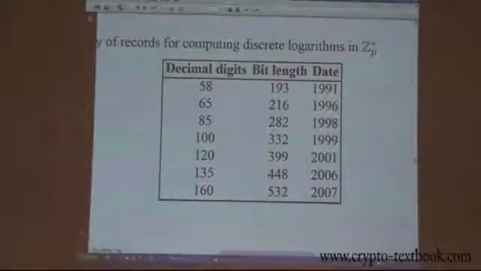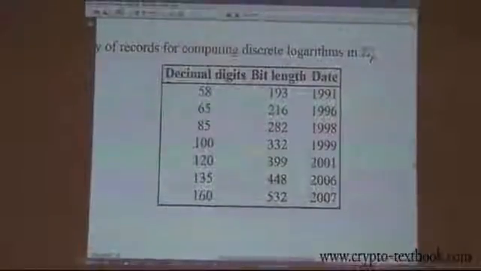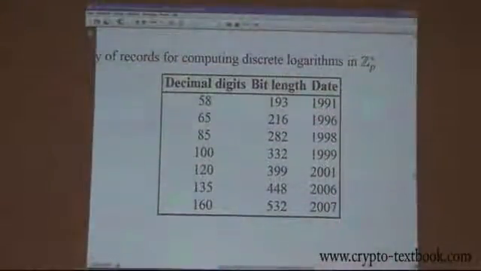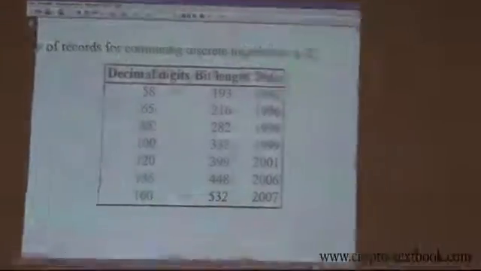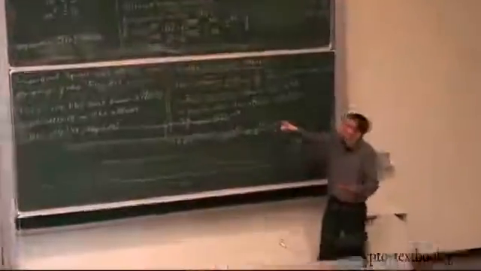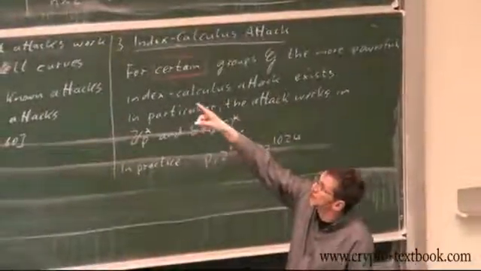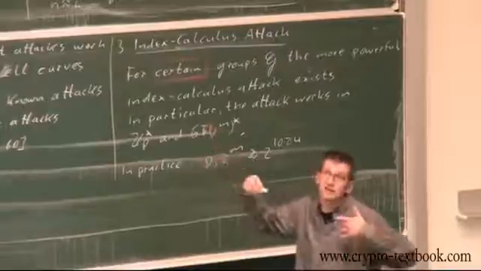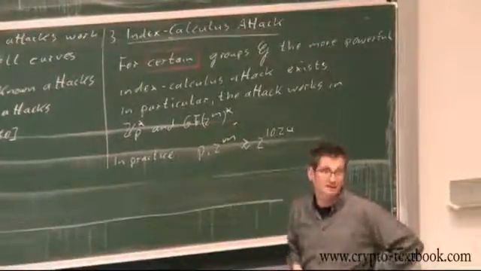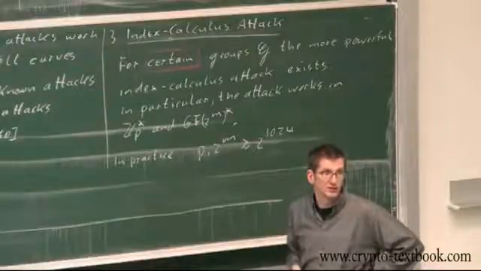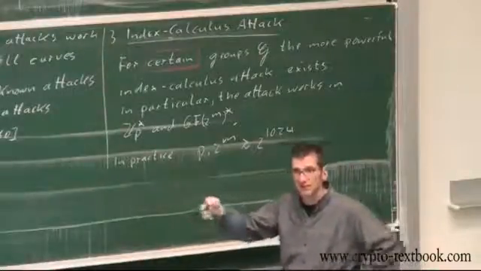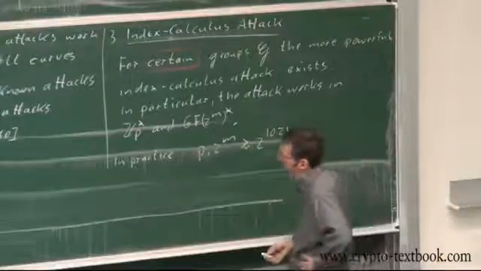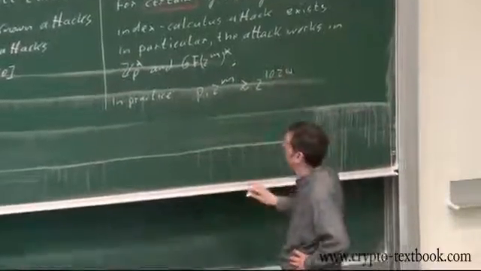So probably intelligence agencies, NSA type of organizations, or the British intelligence organization, can probably do a few hundred bits more. That's why they say we have to at least go to 1,000 bits. You need at least 1024 because the record is 532. I assume the research community could do 600 or 650 bits if they really wanted to, and intelligence agencies probably can do a little bit more with more computer power and maybe somewhat better algorithms.